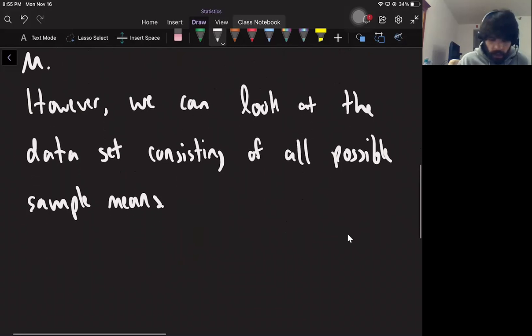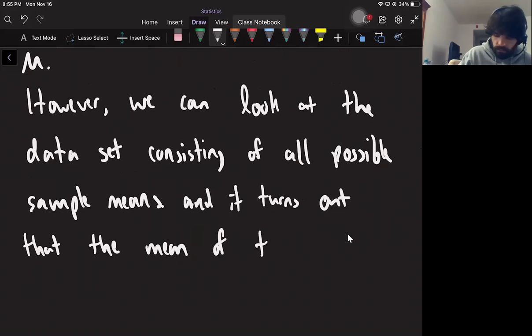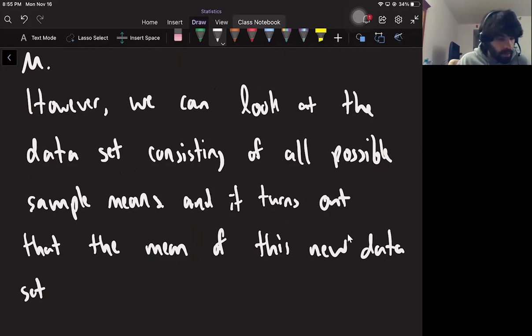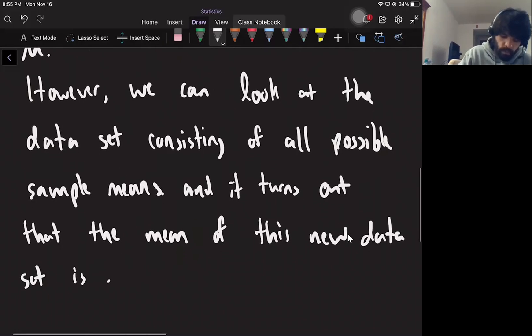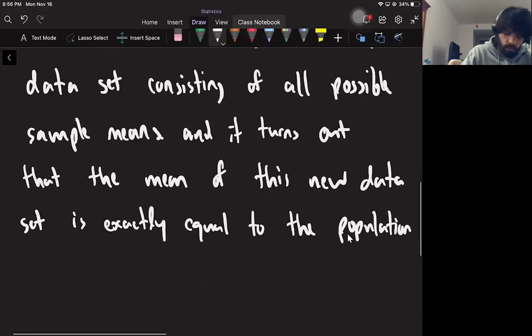And then, due to the magic of math, it turns out that the mean of this new data set that you create by getting all possible samples is exactly equal to the population mean.